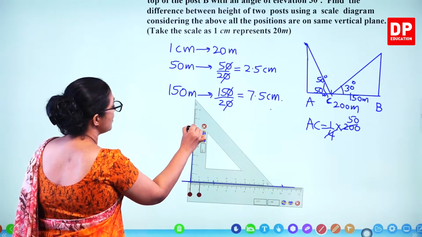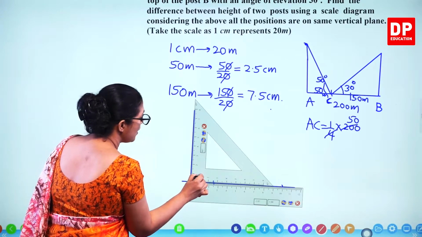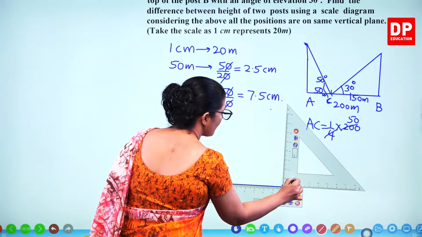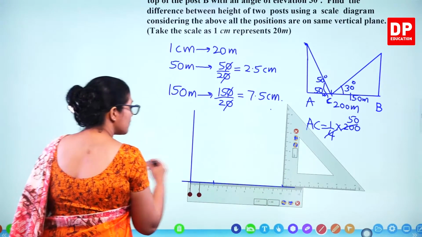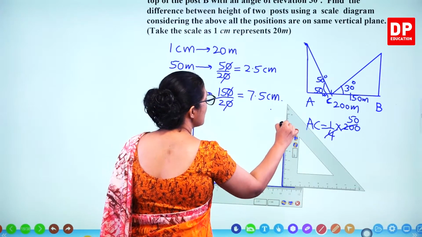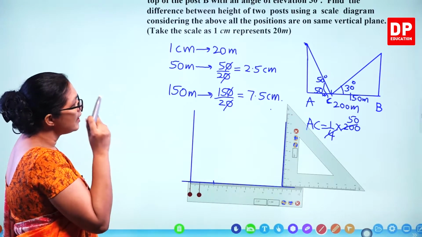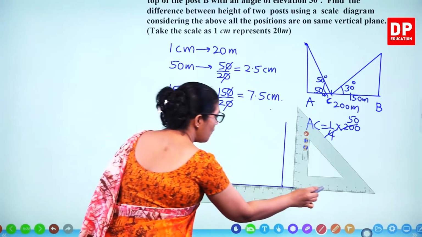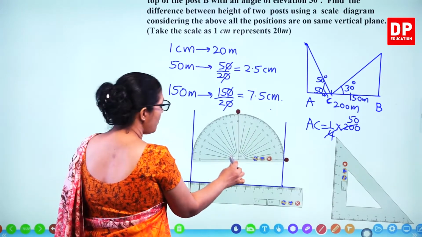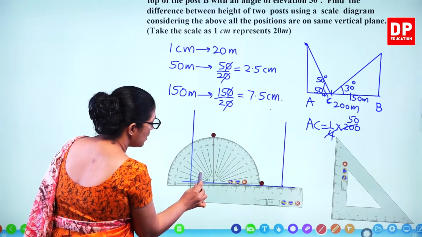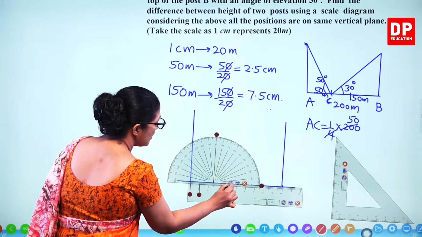So the heights are not given, we don't know, and we can draw the other one as well. Keep it here, and you can draw the other one as well. We don't know the height, but we know the angle. So what we can do, we can take the protractor, and from here we can measure 50 degrees and 30 degrees.